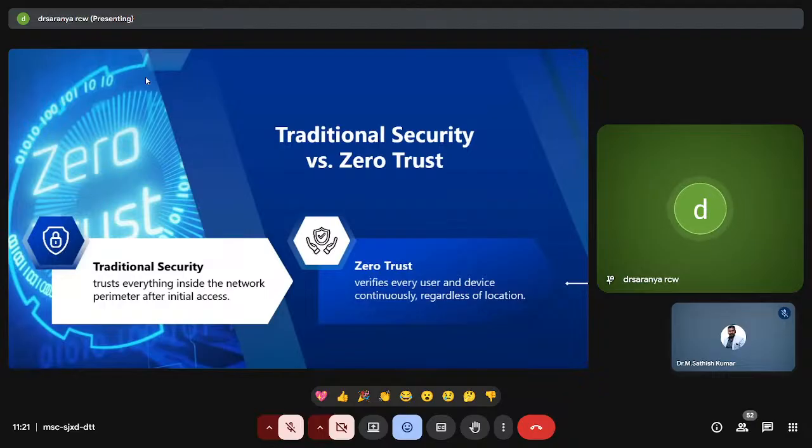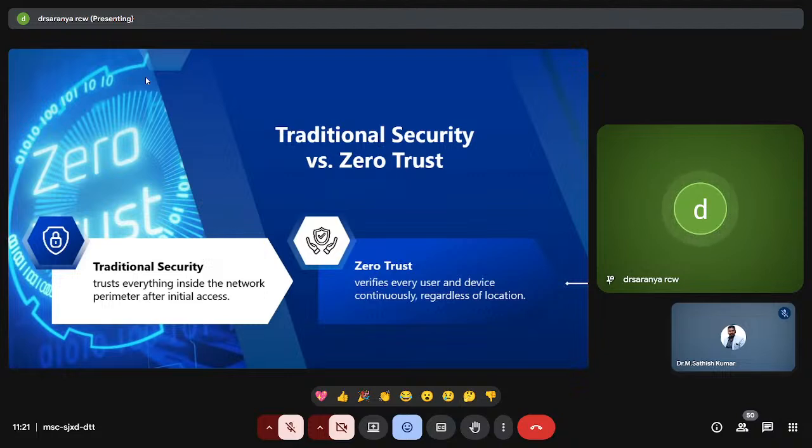The third principle is to assume a breach has already occurred. Now I am comparing traditional security versus zero trust security. Traditional security is based on the idea of a trusted internal network and an untrusted external network. In contrast, the zero trust model assumes that no one can be trusted by default, whether inside or outside the network.